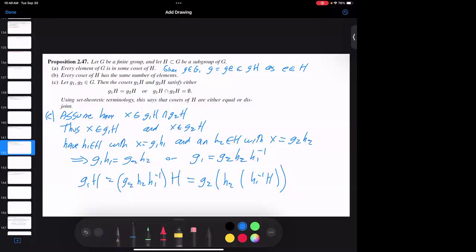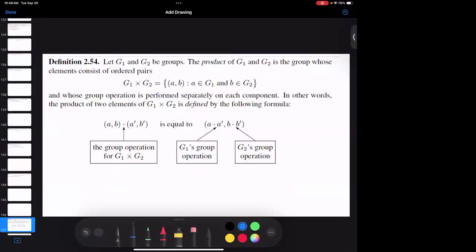Which one, though? There's a really nice one. If life was really, really nice, what would be the nicest thing for h inverse H to be? If you could have your wish, what would be the nicest thing? H! It's H! Oops.